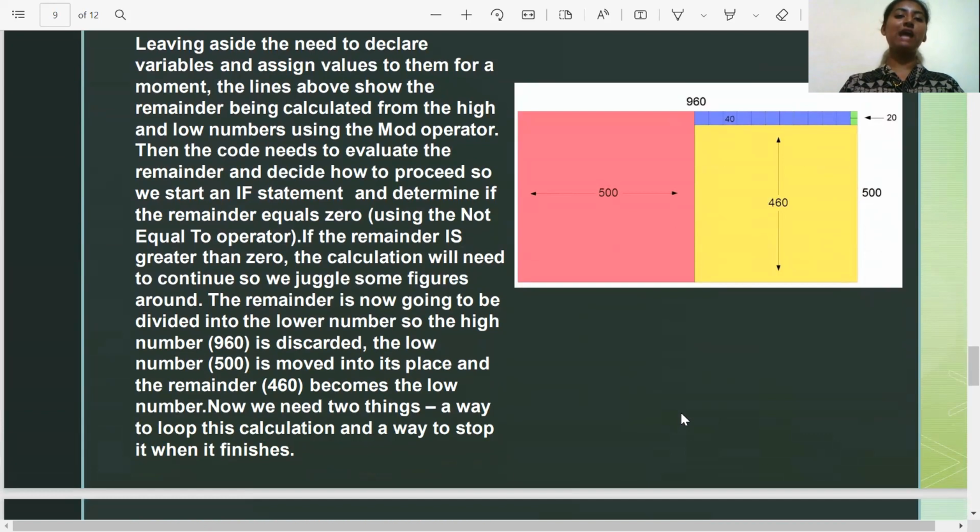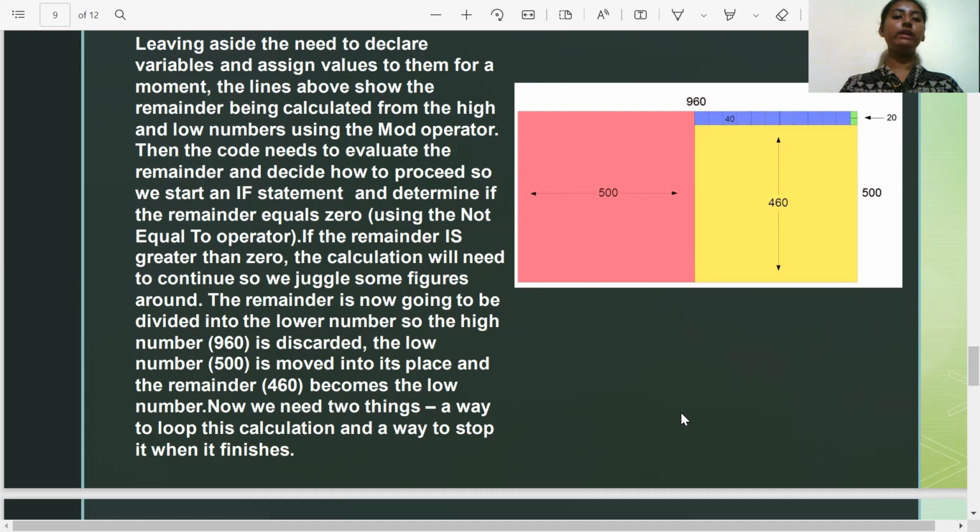So we start with an if statement and determine if the remainder equals 0. If the remainder is greater than 0, the calculation needs to continue. So we adjust some figures around. The remainder is now going to be divided into the lower number.